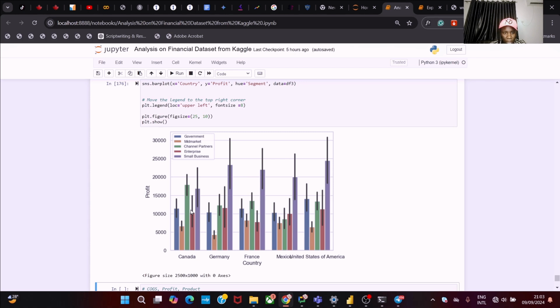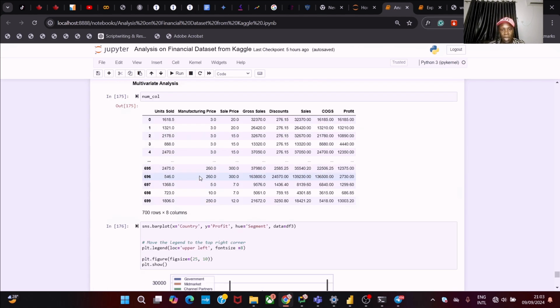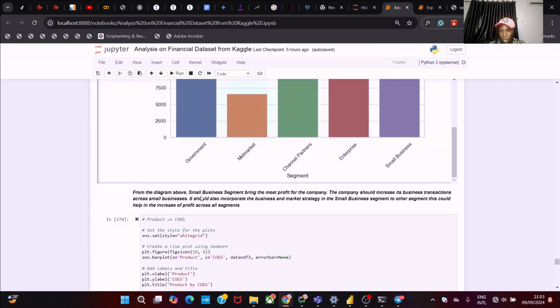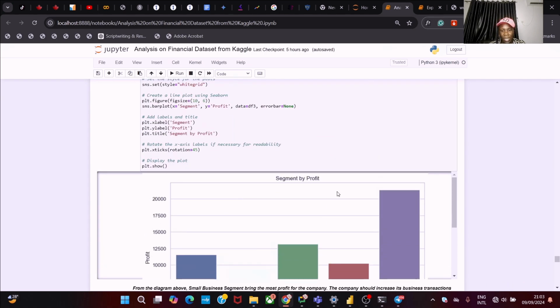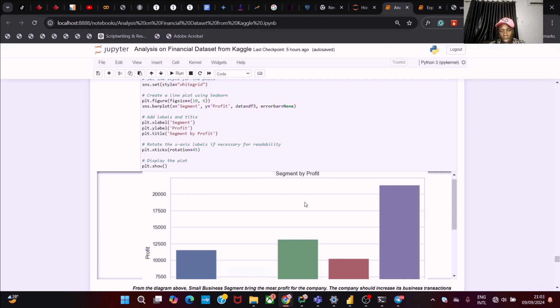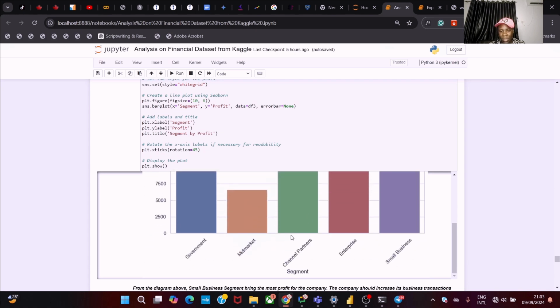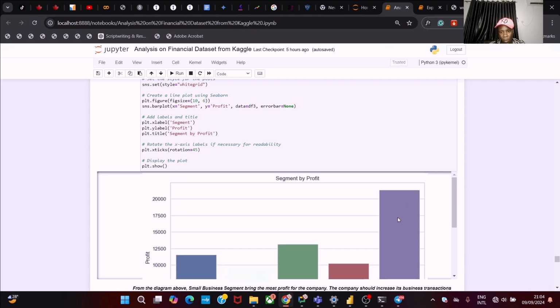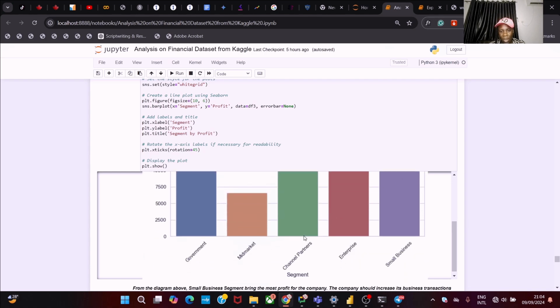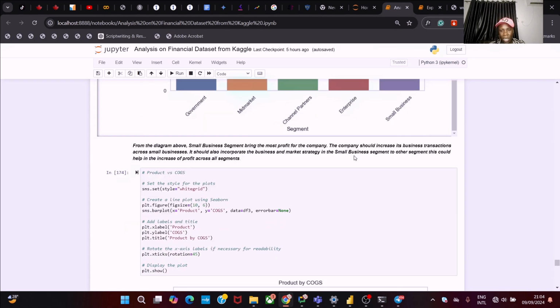So as you can see now, in Canada it simply means that the most profitable segment is the channel partners. Now remember, when we visualized segment by profits above, we realized that the most profitable segment is small businesses, and we advised the company to increase their business transactions across small businesses.